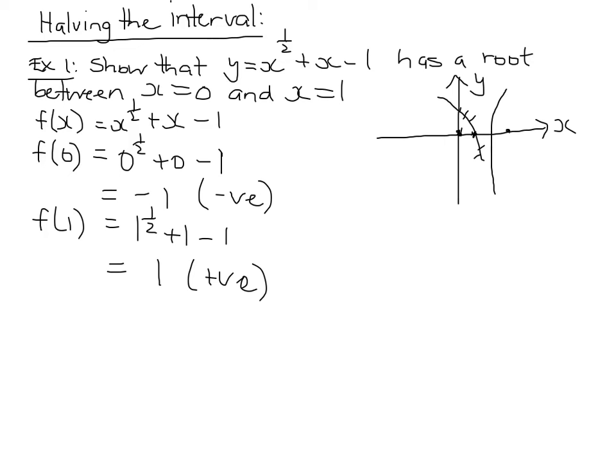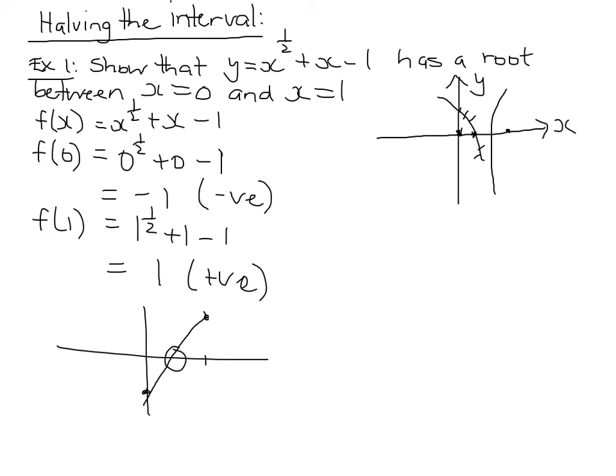So we know that somewhere between 0 and 1, at 0 it's negative 1, and at 1 it's a positive 1. So somewhere in between there, we don't know what shape it is, somewhere in between there, there exists a root. So this question is a little less specific. We don't actually have to do anything else. We've shown there is a root there.